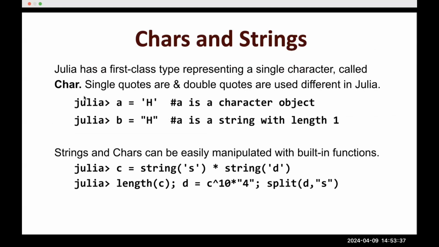If you use double quotes, it will be treated as a string, but with a length of 1. So you might consider 'A' as just a char in C, a single character. But "A" will be a list of character elements, where the length of that list is 1. So they are essentially different.